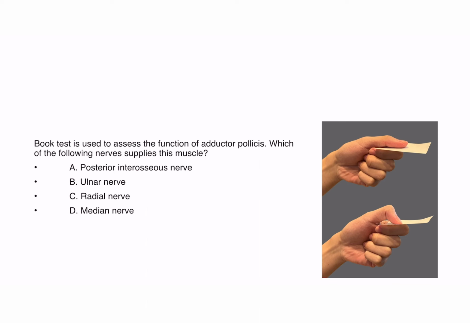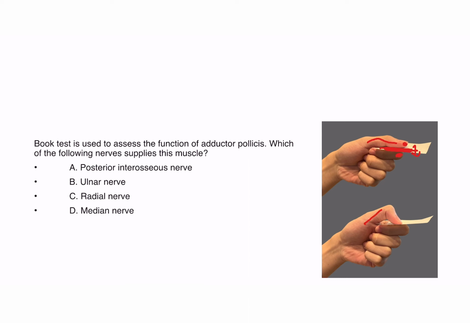This is another question assessing the nerve function as well. A book test is used to assess the function of adductor pollicis. Can you see? They are giving a card and they are asking the person to hold, and the person is holding it by using the adductor pollicis because they are adducting the thumb with the index finger there. Okay, which of the following nerve supplies this muscle? Adductor pollicis.